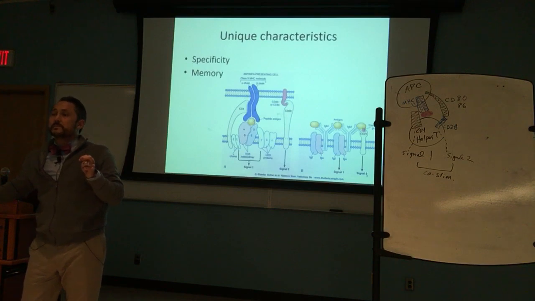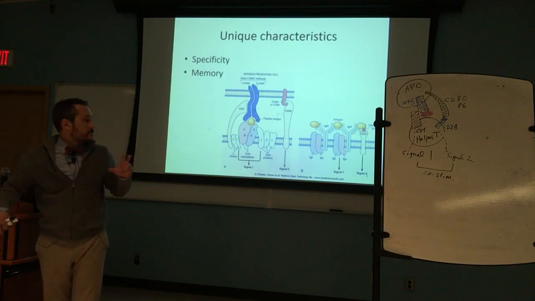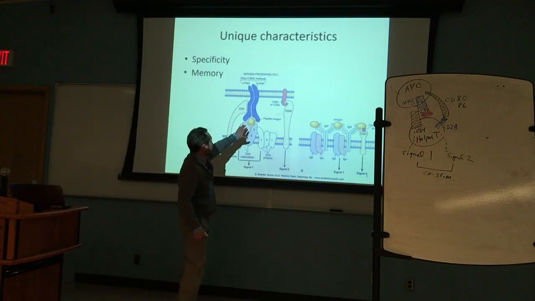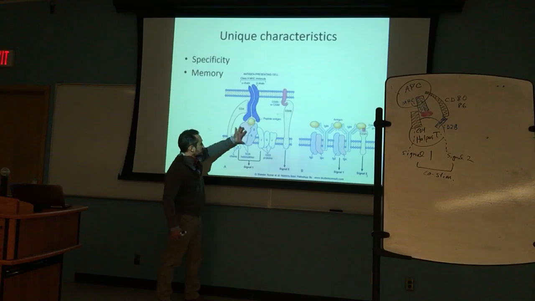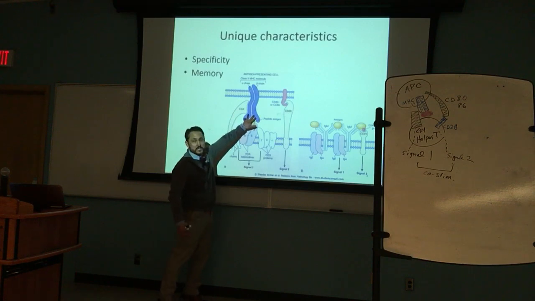That's correct. Signal 1 is the interaction of the legitimate peptide antigen binding to the TCR heterodimer that's interacted with the CD4 plus the MHC complex.